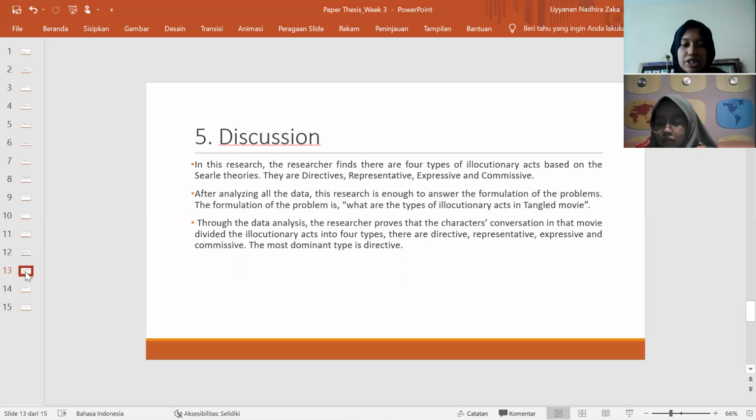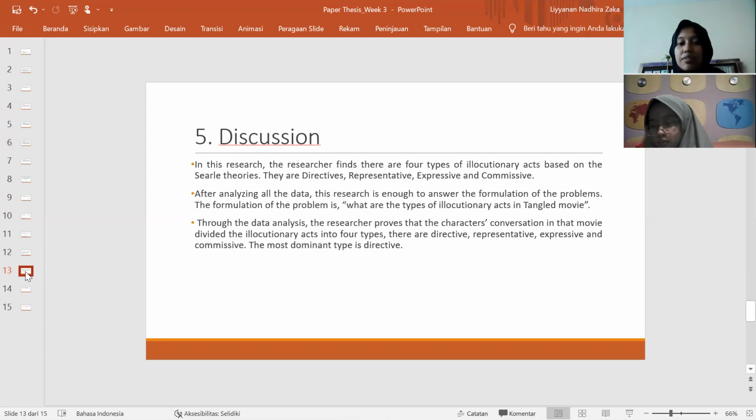Next is discussion. In this research, the researcher finds there are four types of illocutionary acts expressed based on Searle's theory. They are directive, representative, expressive, and commissive. After analyzing all the data, this research is enough to answer the formulation of the problem.